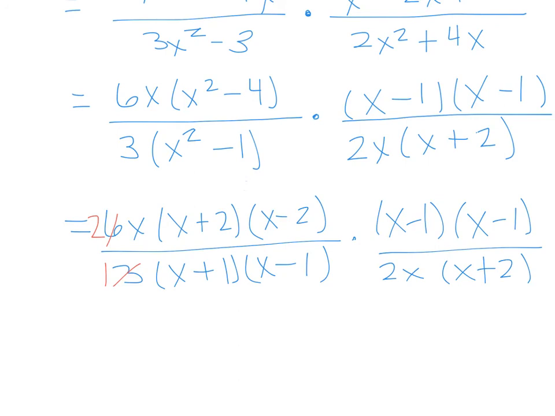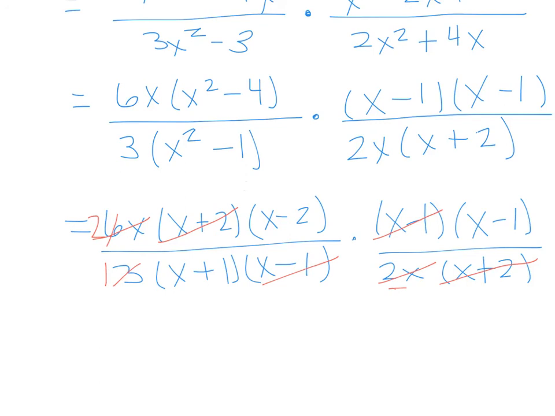And now if we compare that to the 2x in the denominator over in the other rational expression, the 2x will cancel with that 2x, so those go away. Okay, we have got an x plus 2 here and an x plus 2 here, so those will cancel. And we've got an x minus 1 here and an x minus 1 here. So that is everything that will cancel.